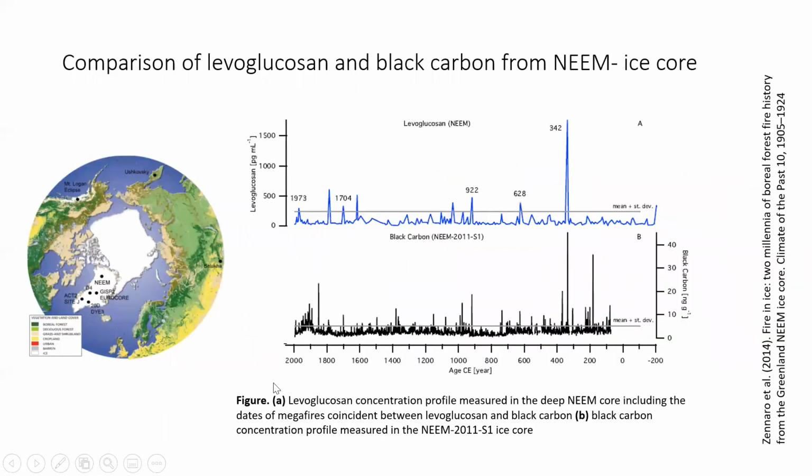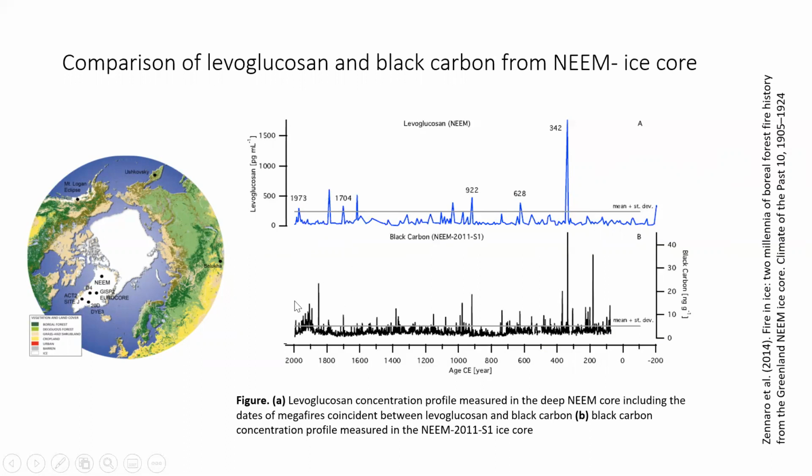And here are a few examples. This is first from an ice core taken from Greenland. And here is the profile of levoglucosan, and here is carbon and black carbon from burnings. And here they've marked the age, or the timing, of these peaks that are common between this levoglucosan and black carbon.